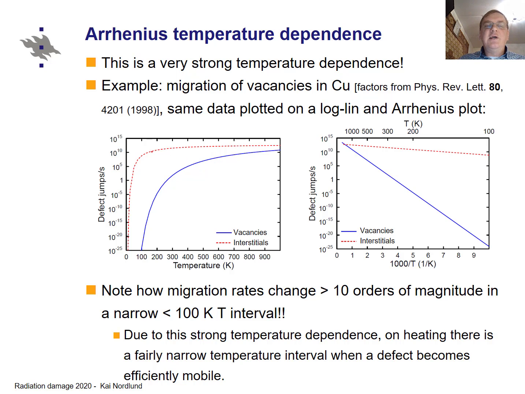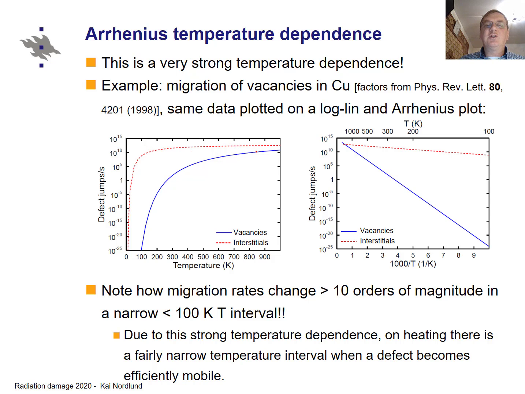But you see here that the number of defect jumps per picosecond for interstitials in copper, according to this, when you go from low temperature, say 1 kelvin, to 100 kelvins, already changes by 35 orders of magnitude. So you go from 10 to the minus 25 to 10 to the 10 jumps per second.